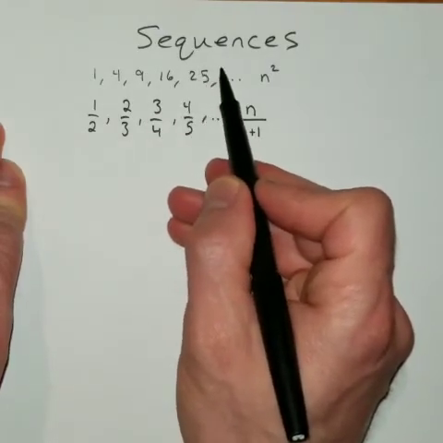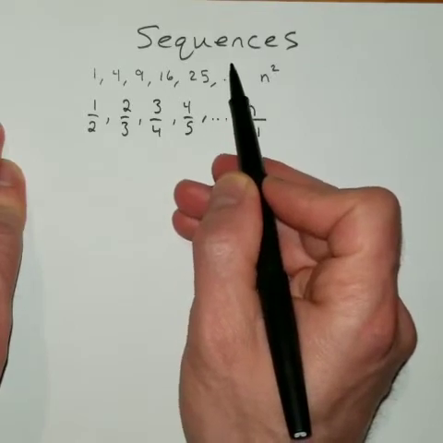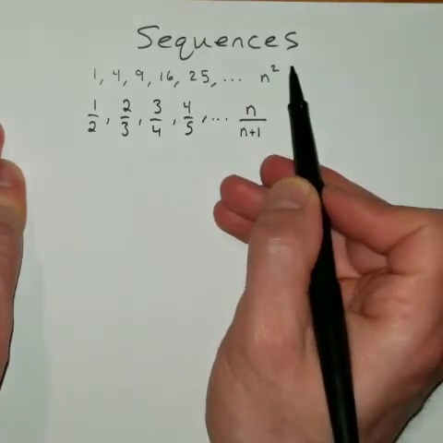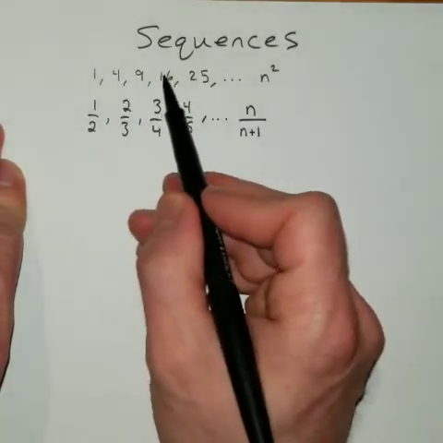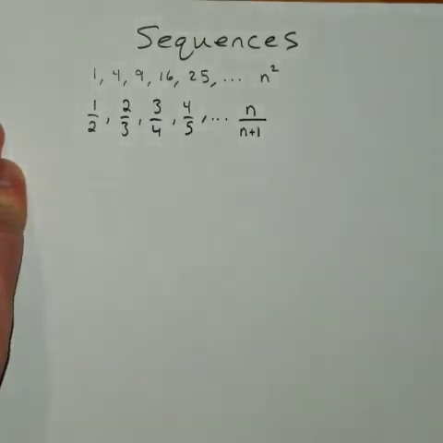The next increase is by 11 to get to 36, then by 13 to get to 49, and so forth. By adding consecutive odd numbers together, you'll always land on a perfect square. It's a fascinating fact of that sequence.